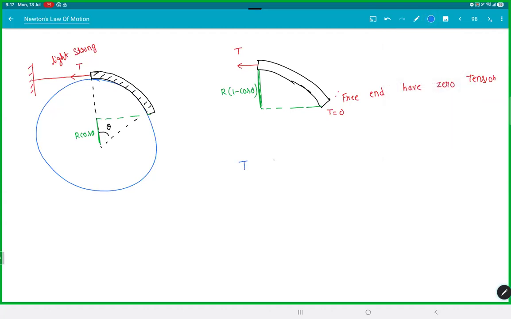So tension, this is 0, is equal to total mass m, g by length of the rope here, which is r theta, the arc length, into height y. So this will be mg by r theta into r into 1 minus cos theta. R gets cancelled. We end up with mg by theta, in radians, times 1 minus cos theta. Is that clear, everyone?